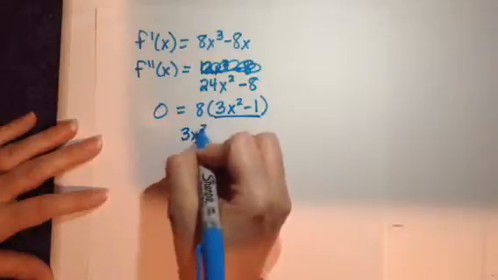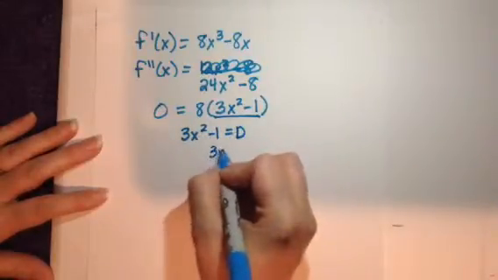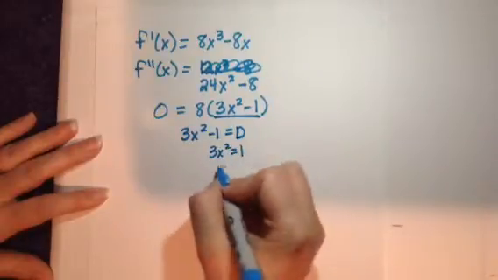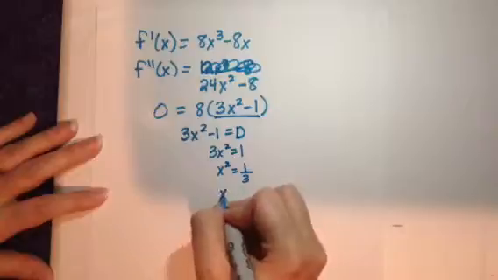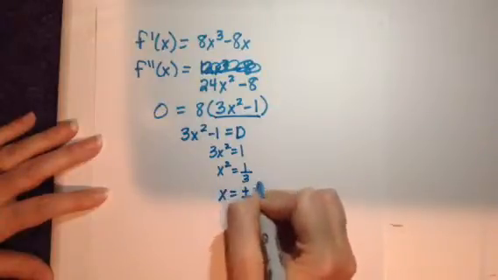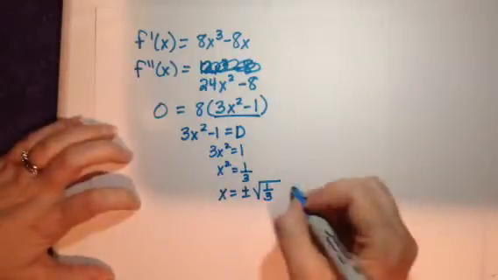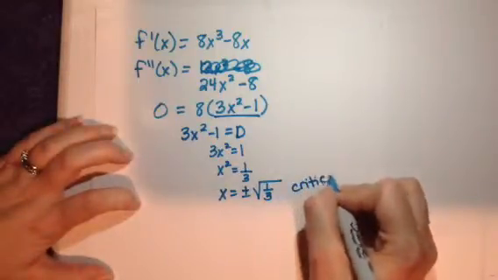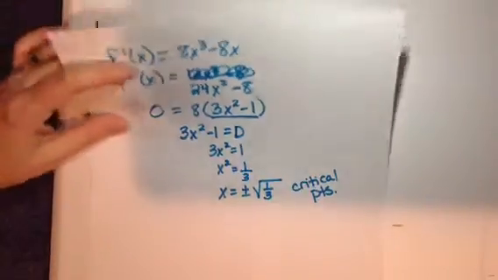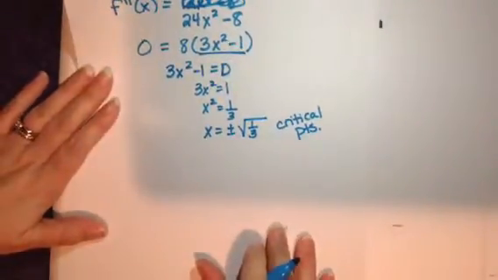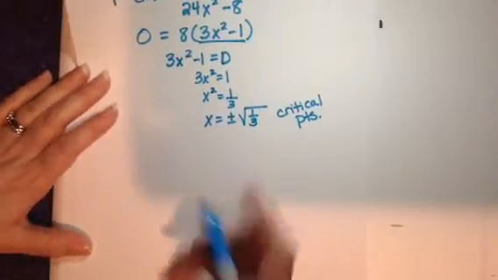So 3x squared minus 1 equals 0. 3x squared equals 1. X squared equals 1/3. So x equals plus or minus the square root of 1/3. These are my critical points for the second derivative. The second derivative tells me possible points of inflection. It also tells me concavity.